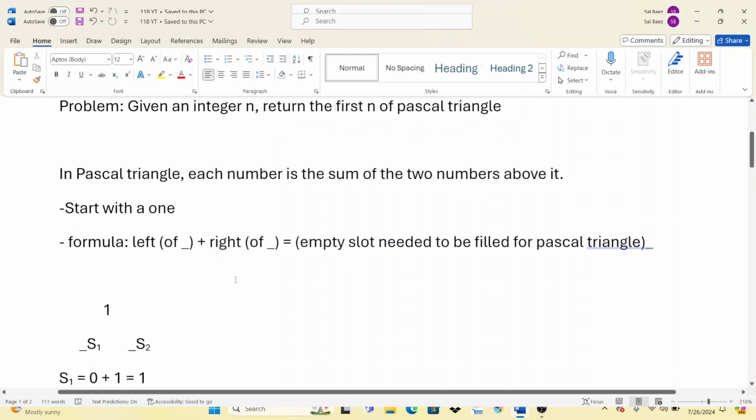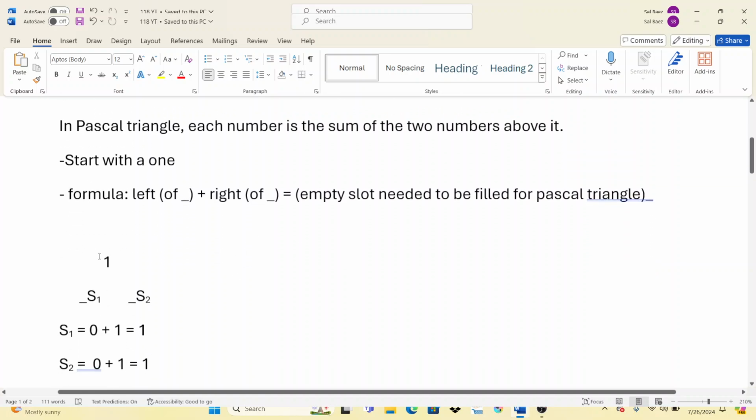Again, if we look at just this one, this means when n is equal to 1, because this is the first row. By row here, I mean left to right. Going to the next row, this is where n equals 2.